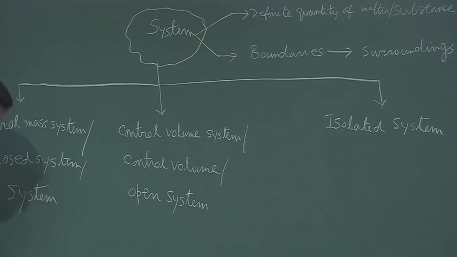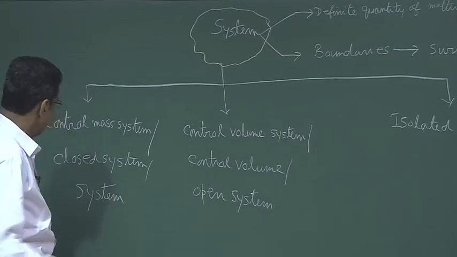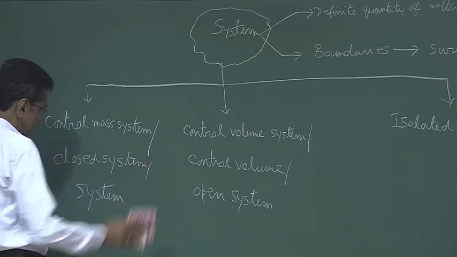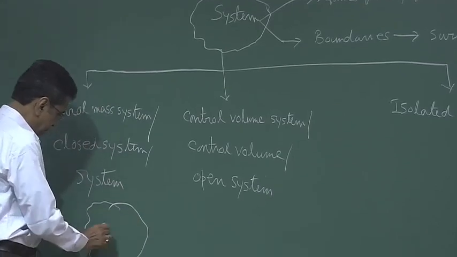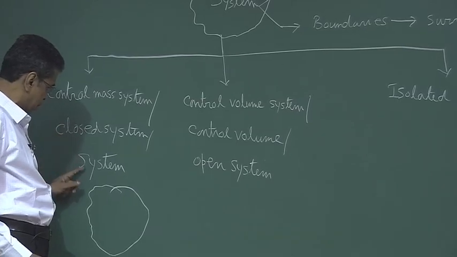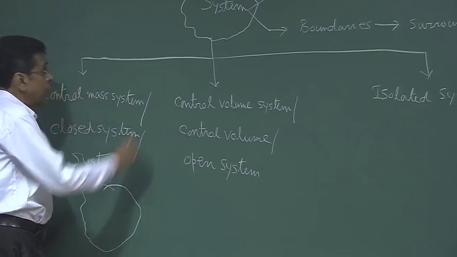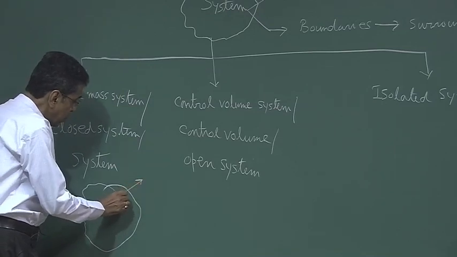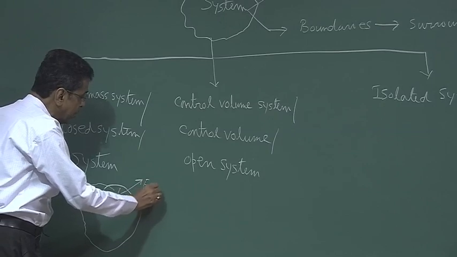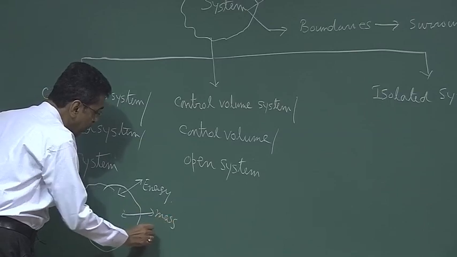Now, a control mass system or closed system is defined in this manner, that there is a definite quantity of mass or definite quantity of matter or substance which interacts with the surrounding in terms of energy only, but there is no interaction of mass across this system boundary.